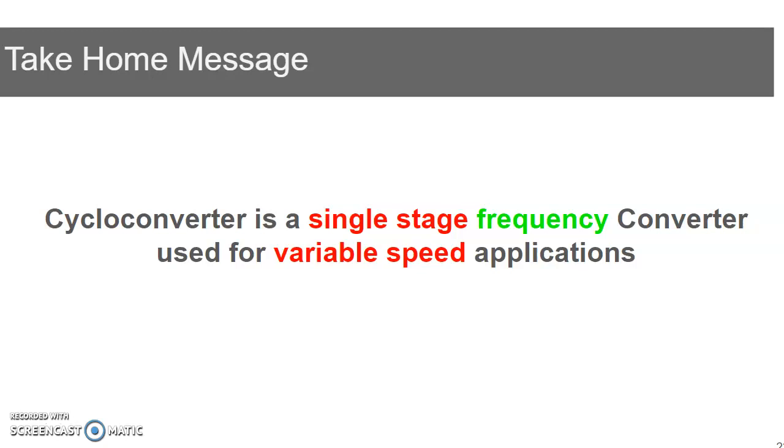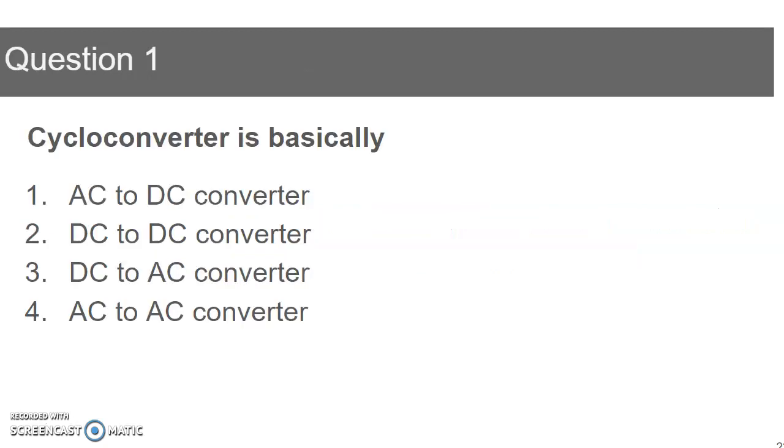The cycloconverter is a single stage frequency converter used for variable speed applications. By answering these questions, you can understand the cycloconverter even better.